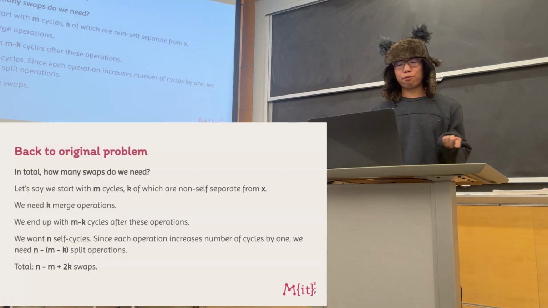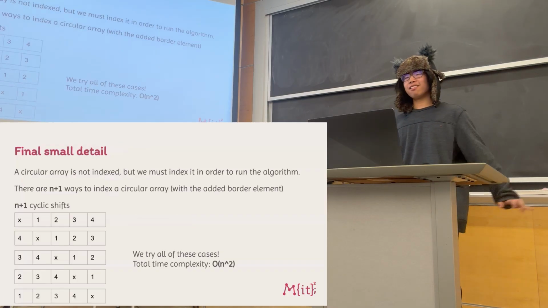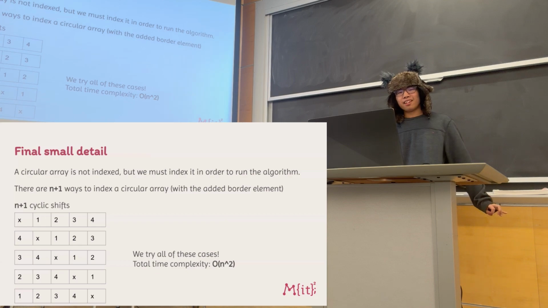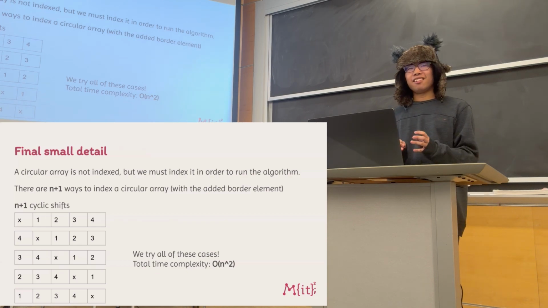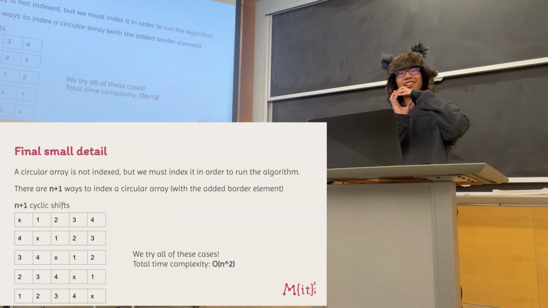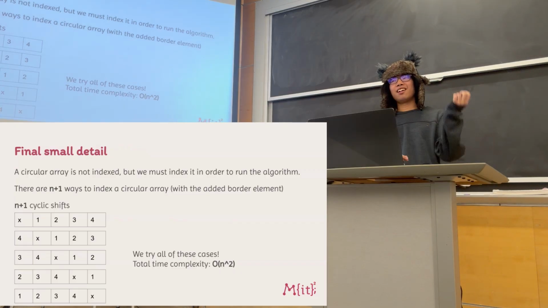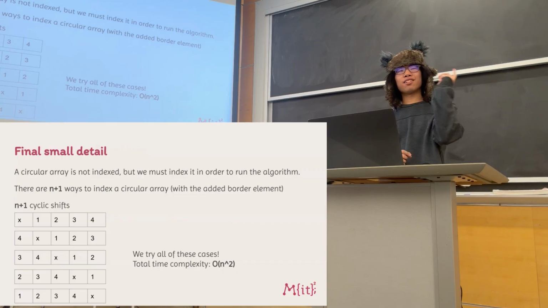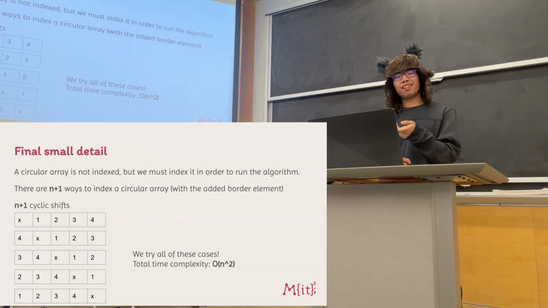But there's one final small detail in order to actually solve this problem. We are operating swaps on a circular array, but any rotation of the circular array is still sorted if you have the border element to the left of 1, to the left of 2, to the left of 3, and so on.